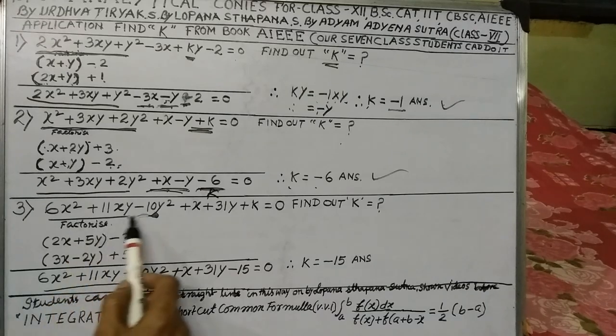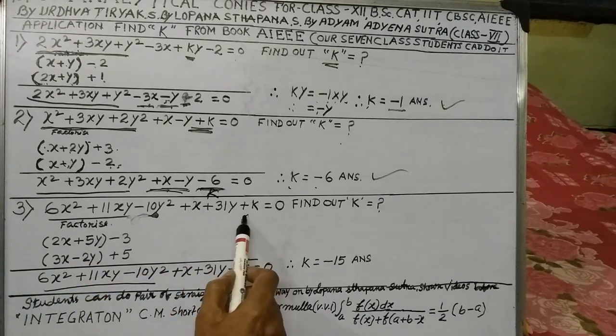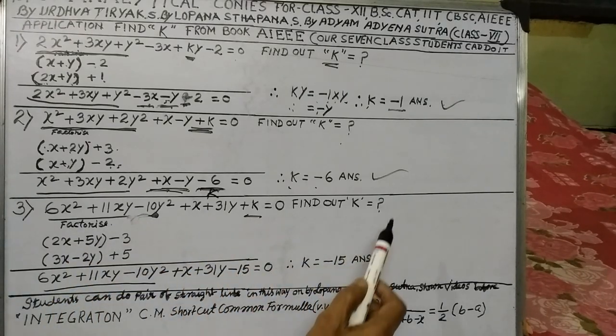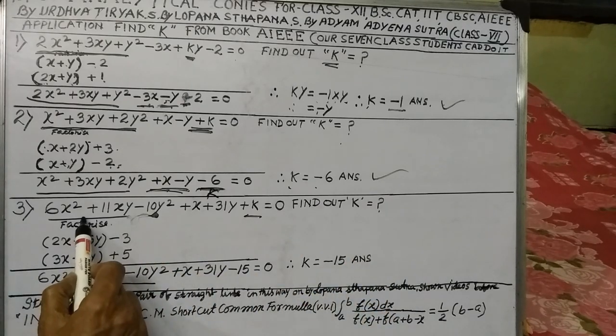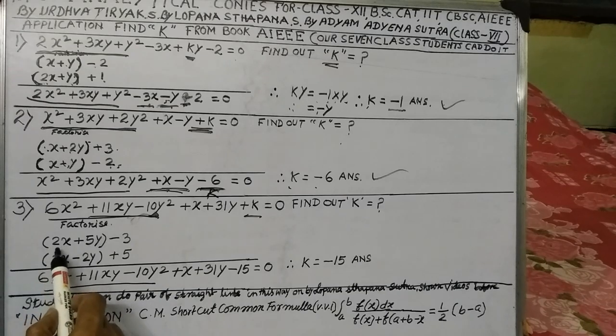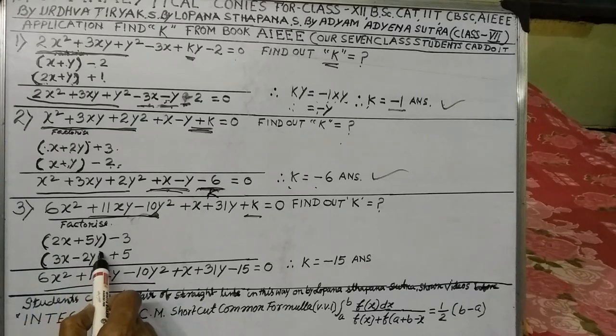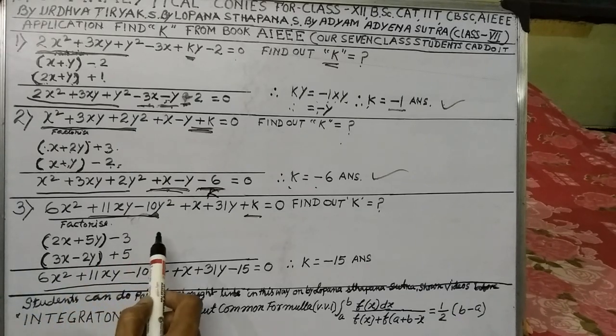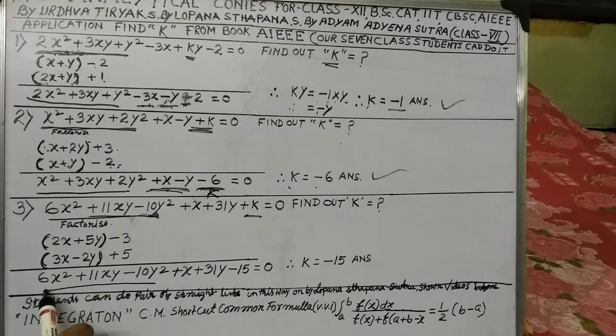Now another example. Here also find out what k is equal to. We will factorize it, up and down. This factorization you can do by the middle term method or in our Vedic math also. And Euler trial method: up to this, the math is given.